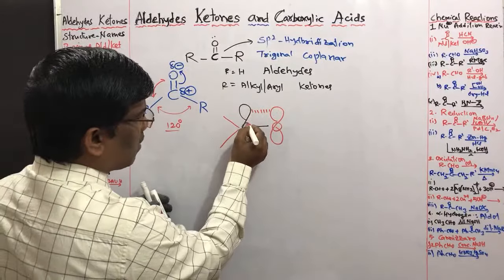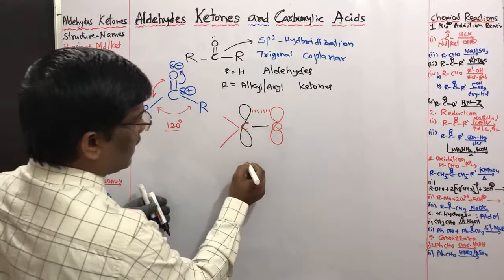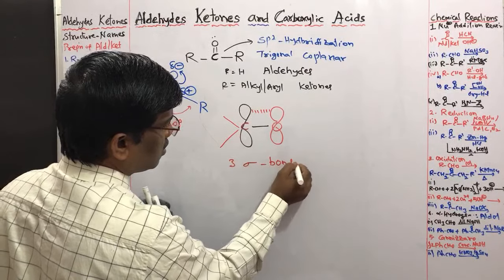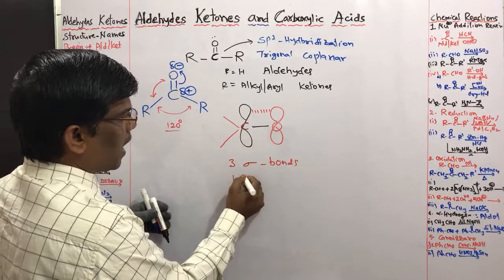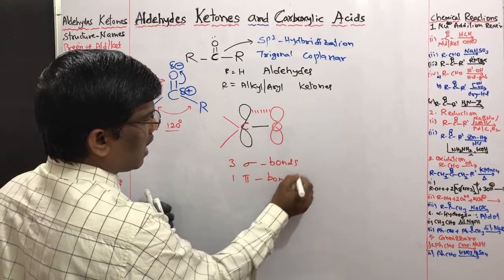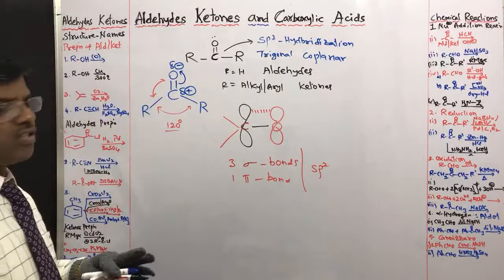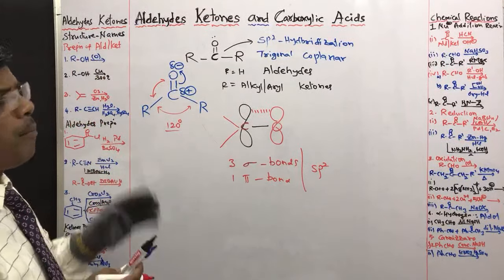So overall a carbonyl compound has 3 sigma bonds and 1 pi bond. The hybridization is sp2. This is the structural elucidation of carbonyl compounds.